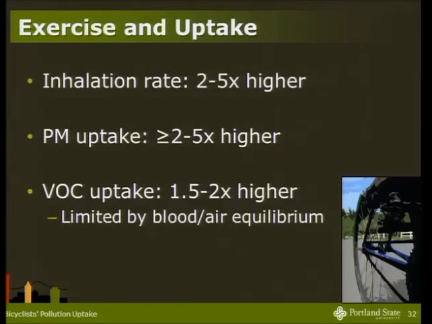As a result, for a given exposure concentration, their inhalation rate is 2 to 5 times higher. From the exposure science literature, we know that PM uptake doses will be slightly higher than that, depending on the size of the particulates. So if inhalation rates are 2 to 5 times higher, PM uptake rates are at least 2 to 5 times higher. Okay? So exercise is pretty bad from a PM uptake point of view.